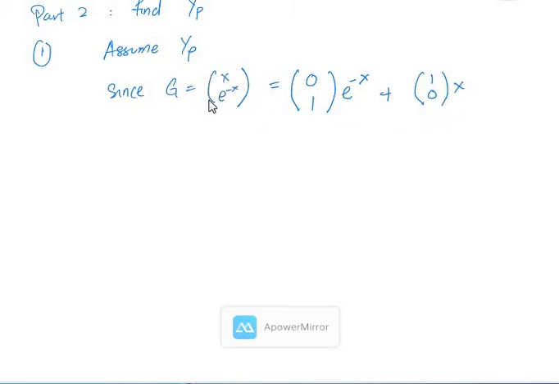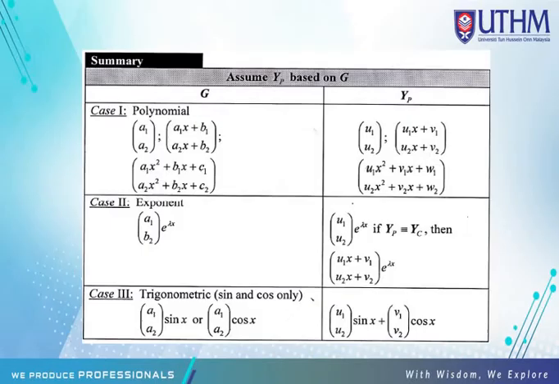Okay, in the table, to assume the yp, we only have the case of polynomial, exponent, or trigonometry. So just now, it's a combination of the exponent and the polynomial. Therefore, we need to separate it. Polynomial is polynomial, exponent is exponent.